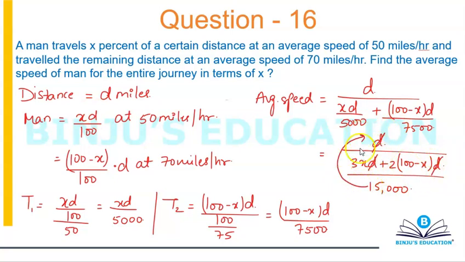Take this 15,000 to the top, and this will basically become 15,000 divided by 3X minus 2X, that is X plus 200. So this is the average speed, which is 15,000 divided by X plus 200, and that's basically your final answer.